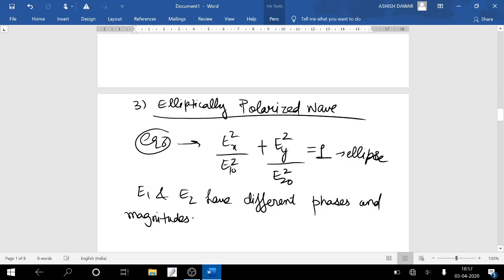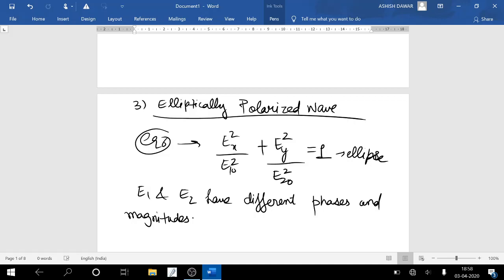Okay, so particularly, the circularly polarized wave is a special case of the elliptically polarized wave: when the magnitudes of E1 and E2 are not equal, then it is elliptically polarized, and if the magnitudes are equal, then the wave is circularly polarized.